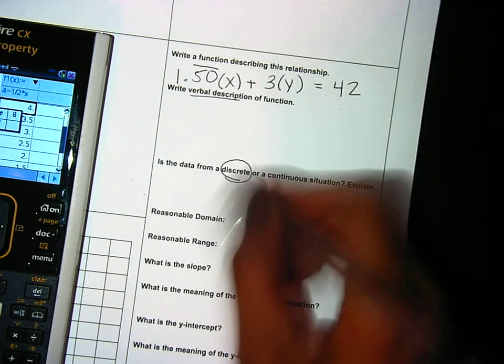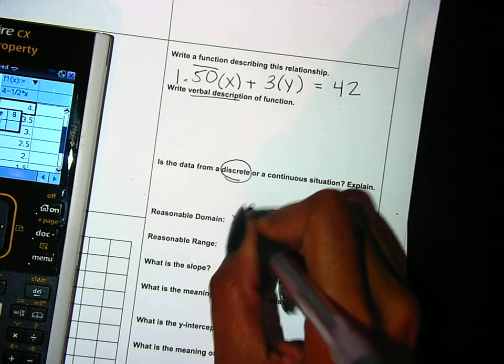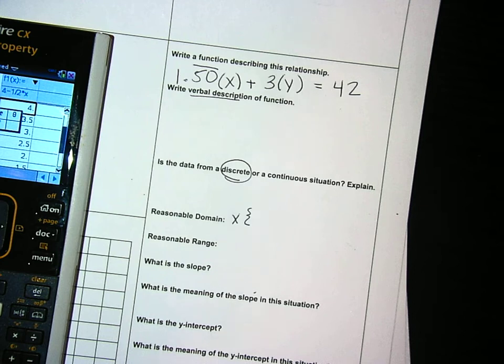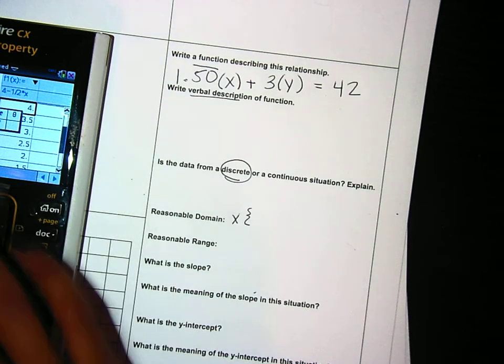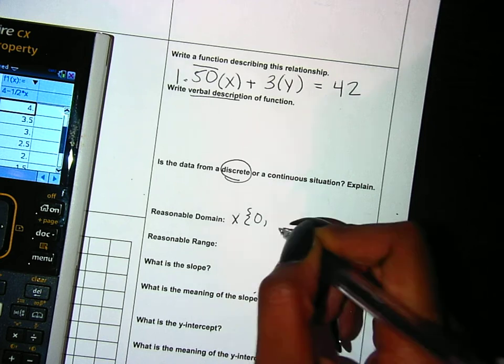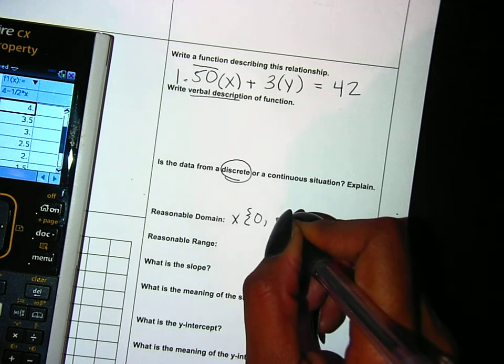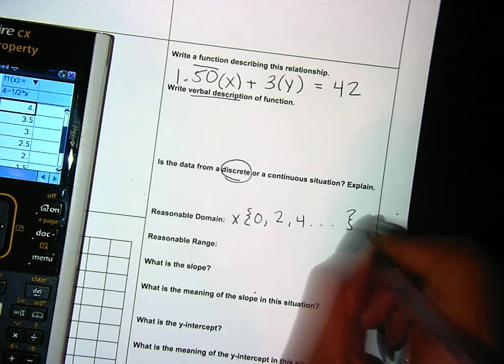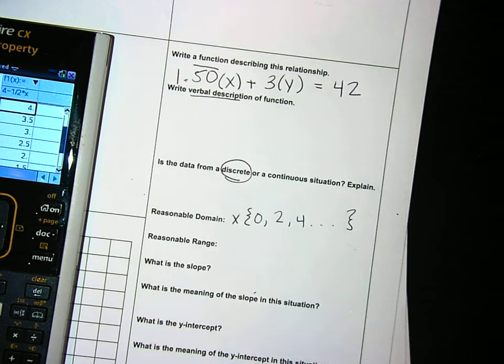Reasonable domain and range. Well, domain is your X values. And since we know it's discrete, you're going to list out how many songs and videos you can purchase. Even using your table for this one, you can purchase 0 songs. You could purchase 2 songs. You can purchase 4 songs, and so on and so forth. Reasonable range.